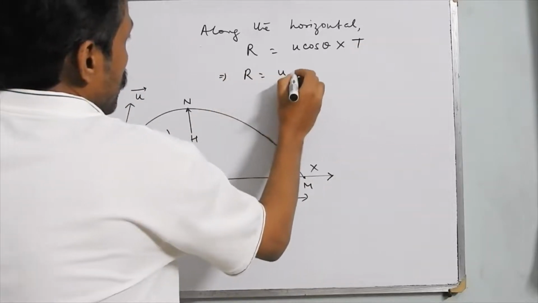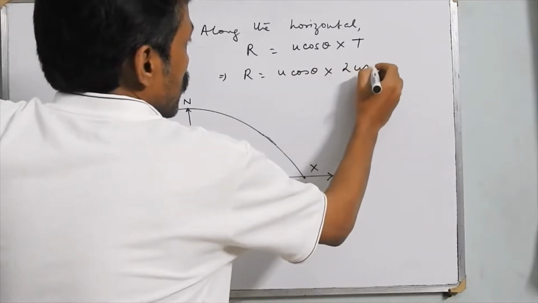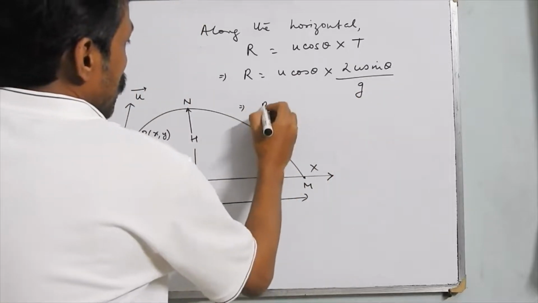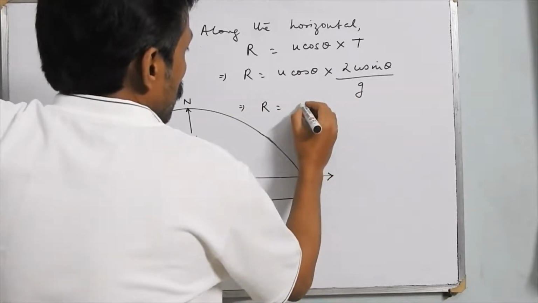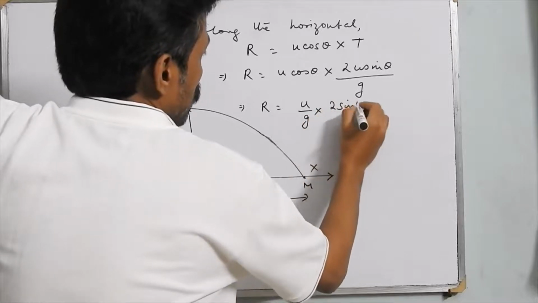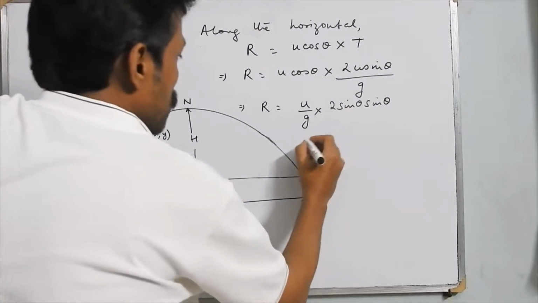Already I have derived that the time of flight is 2u sin theta by g. So r equals u cos theta into 2u sin theta by g, which is u square by g into 2 sin theta cos theta. And 2 sin theta cos theta is sin 2 theta.